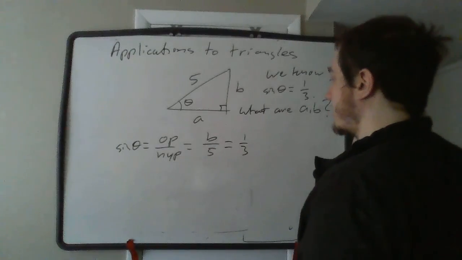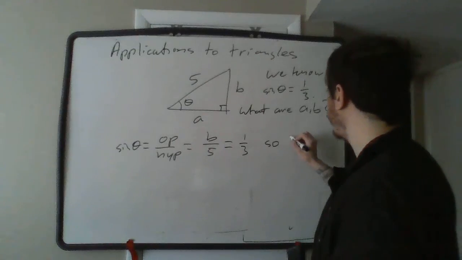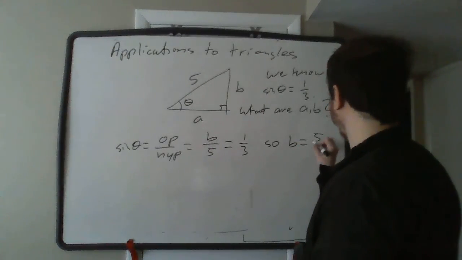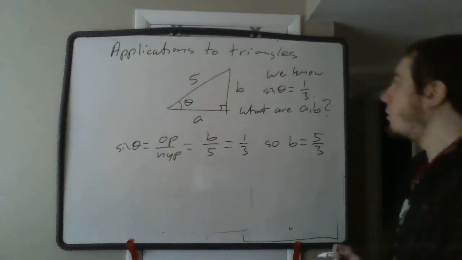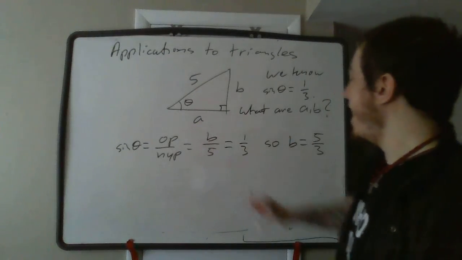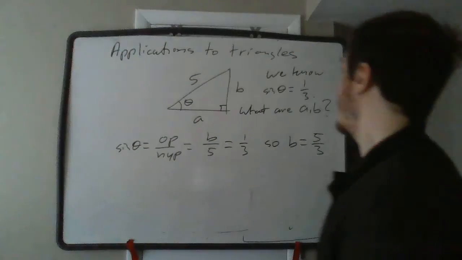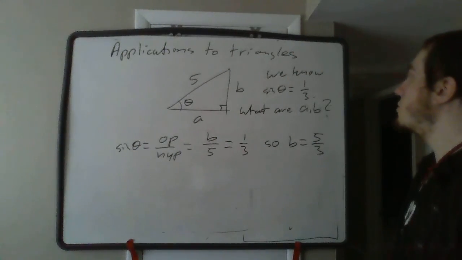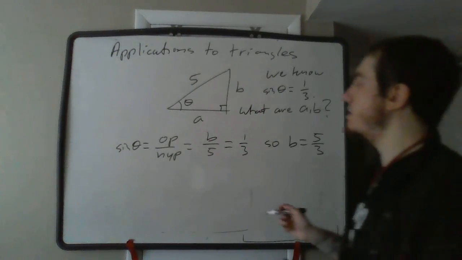And this allows me to solve for B. I multiply both sides here by 5, and I get B equals 5 over 3. Now, what about finding the side A? Well, at this point, I can do a few different things. But the one that I'm going to focus on here, first of all, is I'm just going to apply the Pythagorean theorem.